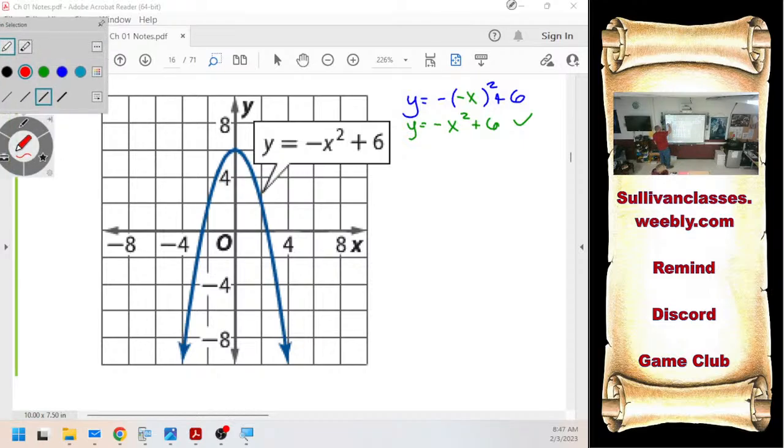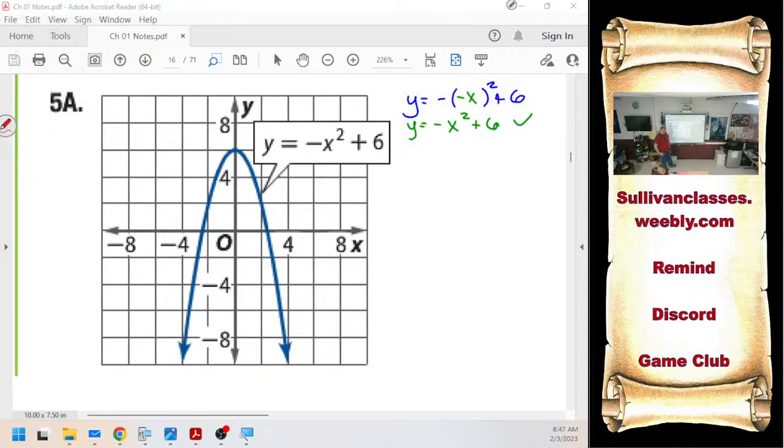I need a coordinate that's on this graph. What do you think? 1, 5. Okay, so if y is negative x squared plus 6, we're putting a lot of trust in Holly. We're going to put a 1 and a 5 in there and hope that it works.